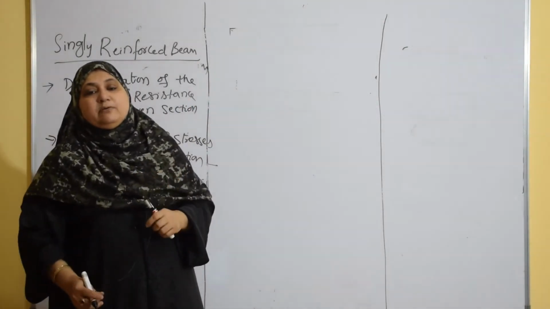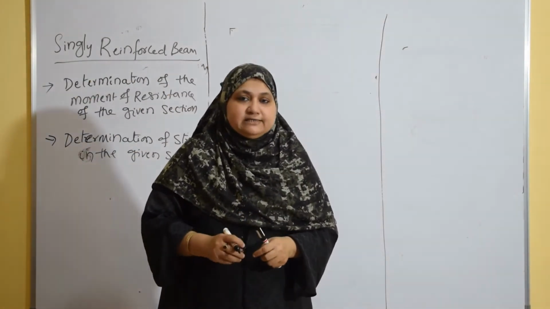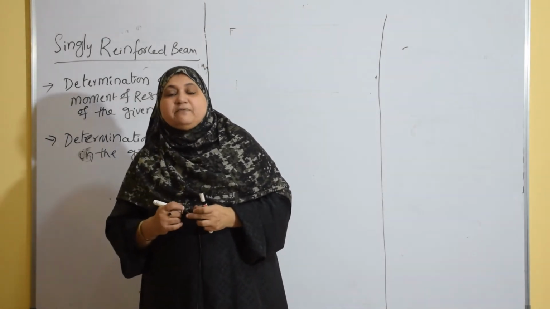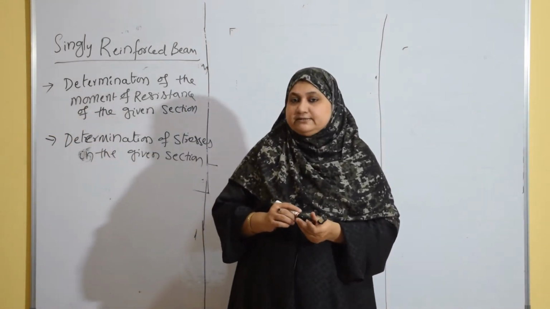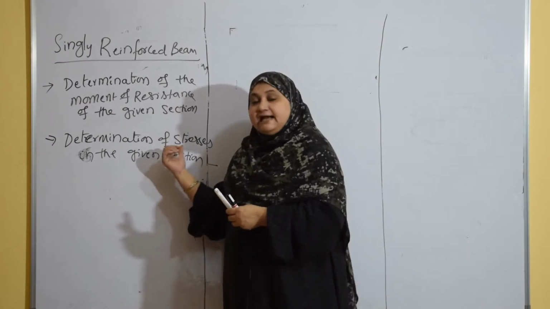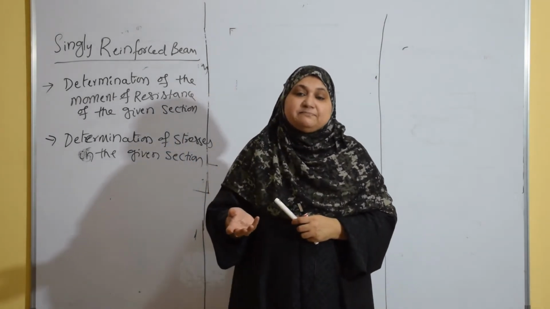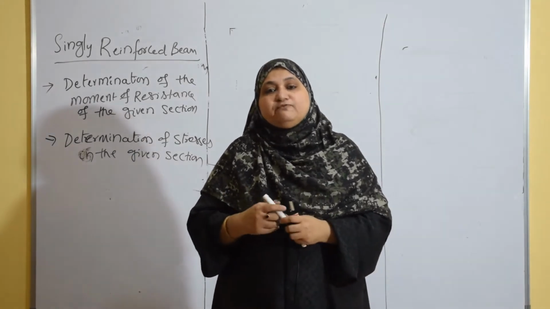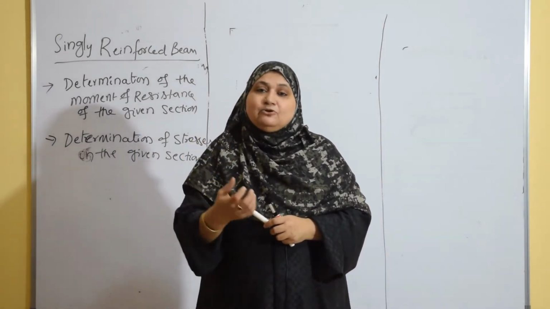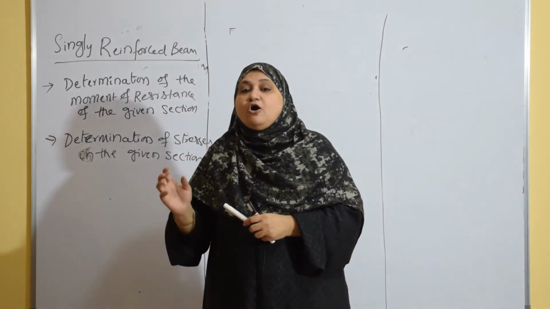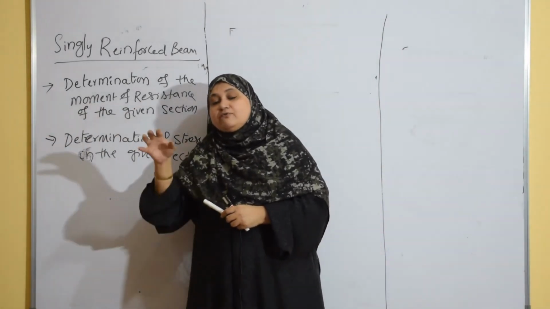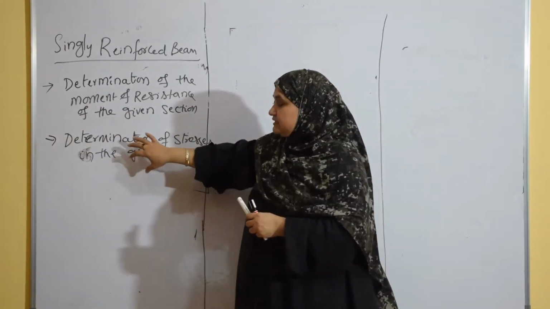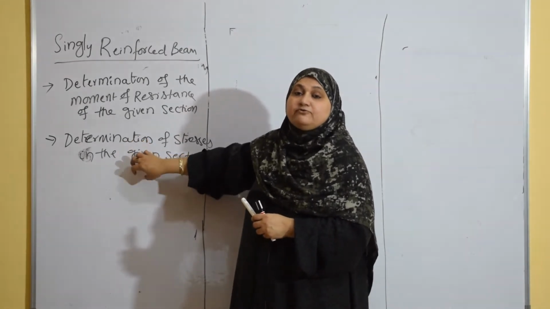This type of problem we get only in working stress method. In limit state method we will not be determining any stresses. Fine. So here, as I said, sometimes concrete reaches its permissible stresses, sometimes steel reaches its permissible stresses, sometimes both will not reach the permissible stresses when the load is less, isn't it? So how much is the stress for the given loading or what is the stress for the given bending? That is what we will determine in the second type of problem.